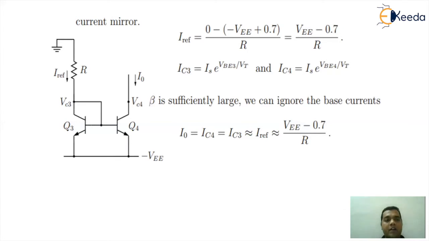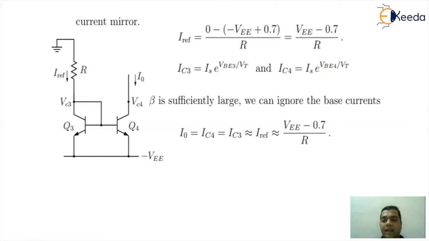The first component is the collector current of transistor Q3, and the remaining two components are the independent base currents IB3 and IB4. Since we are assuming that the beta of the transistor is significantly large, we can neglect the impact of base current, and you can easily see that the IREF value, which is a split of IC3, IB3 and IB4, can be estimated as IC3.